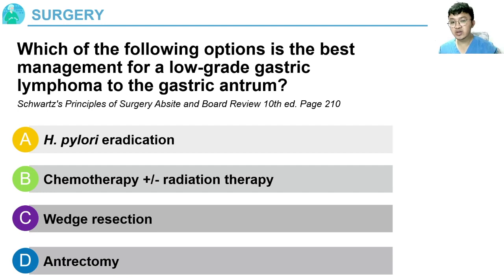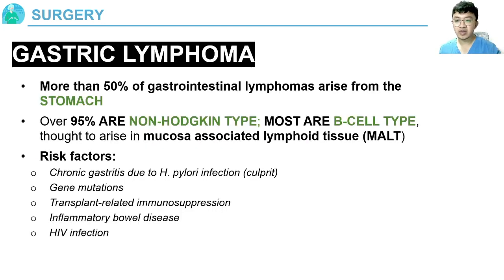Chronic irritation of the stomach can be caused by your H. pylori. Therefore, for low-grade lesions, treating the main source, your H. pylori, actually treats the lymphoma also. So the first line in patients with low-grade lymphomas, you eradicate H. pylori or Helicobacter pylori.